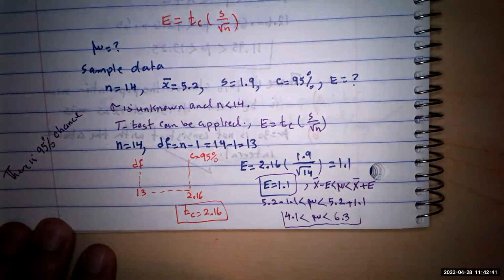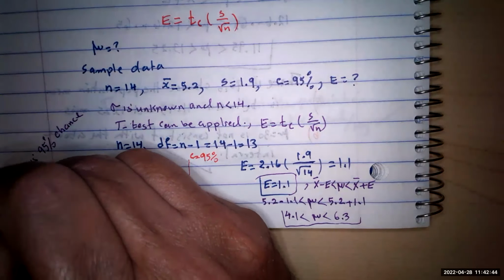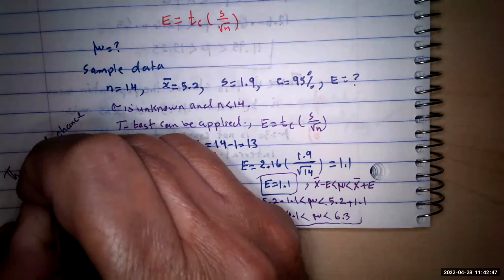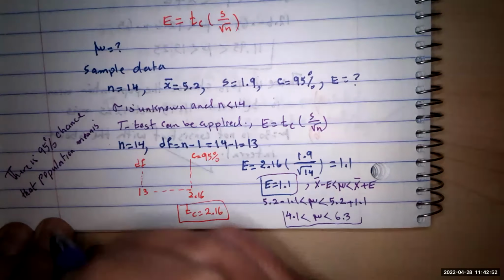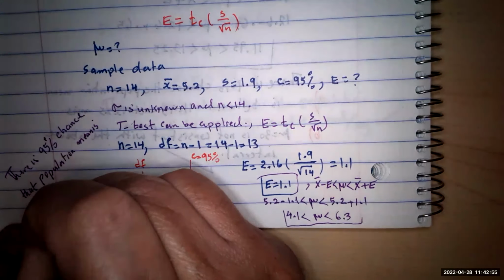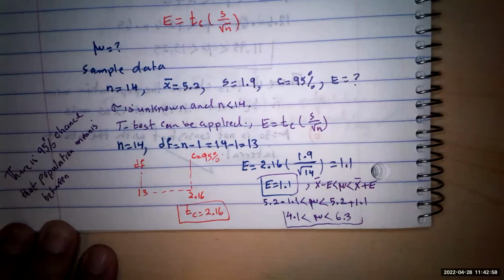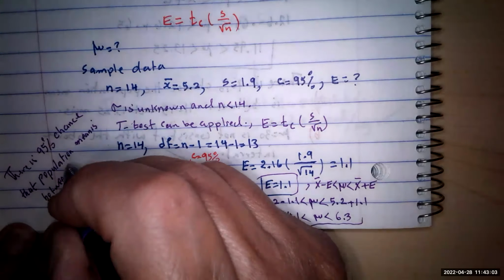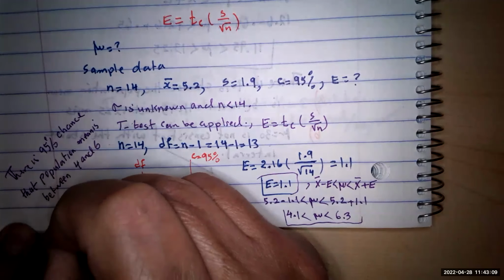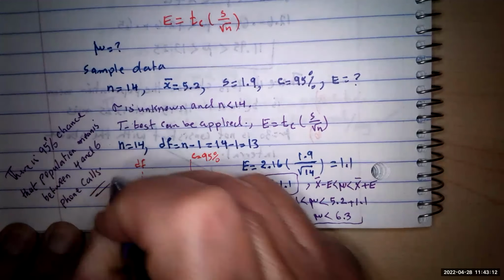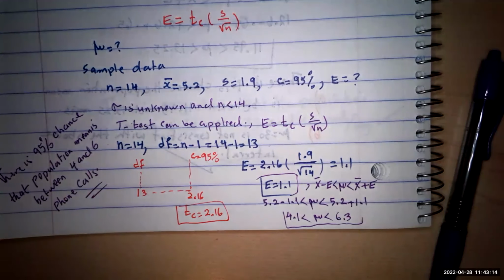There's a 95% chance that the population mean is going to be between, it's a phone call, so you just round it to a whole number, between 4 and 6 phone calls. Okay, very nice method, and not difficult to do, just using the table.